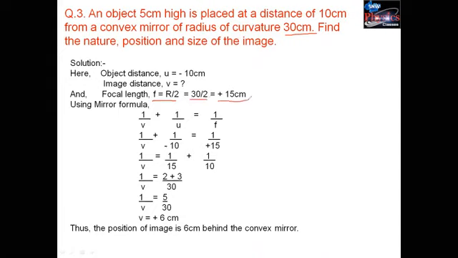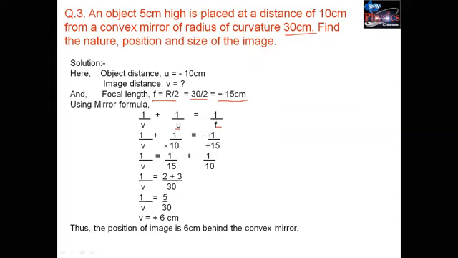If you remember, the focal length of the convex mirror is positive. The focal length of a convex mirror lies on the right side, that's why it is positive. Okay, so again we will use the mirror formula, putting these values of u and f to find the value of v.